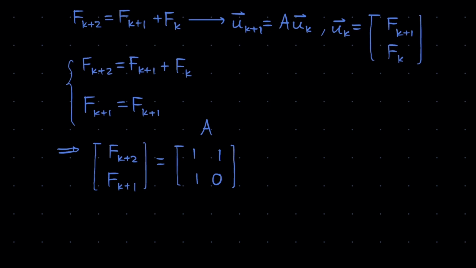Let's call it A, because A is our usual variable for the matrix, times f of k plus 1 and f of k. Okay, that's cool. And notice that this is simply u of k plus 1, and this is simply u of k, right? These are what we defined to be u of k.